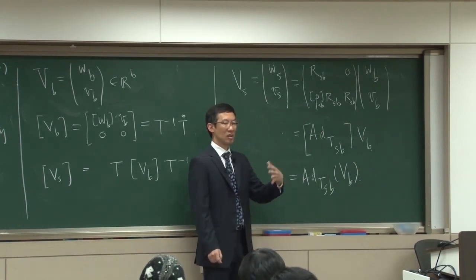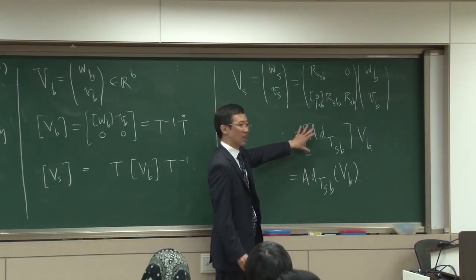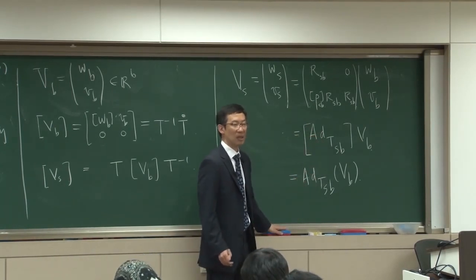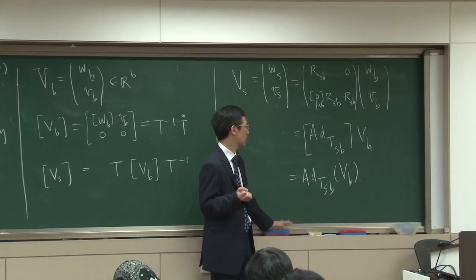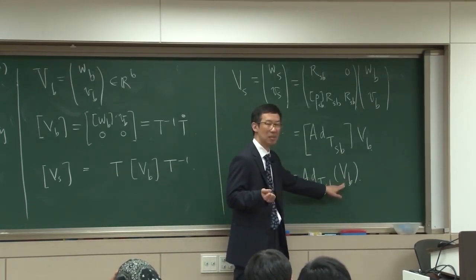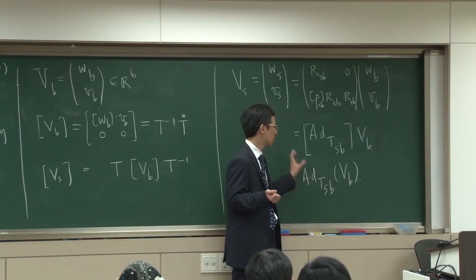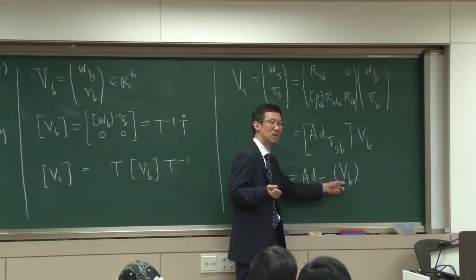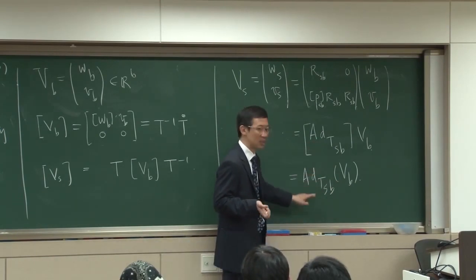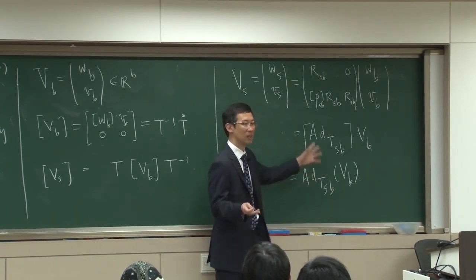You're probably aware of this idea of thinking of a matrix as a linear mapping, a linear transformation. So it's this linear transformation acting on this vector V sub B. It takes as an input V sub B and produces V sub S in this way. So this notation means the same thing.